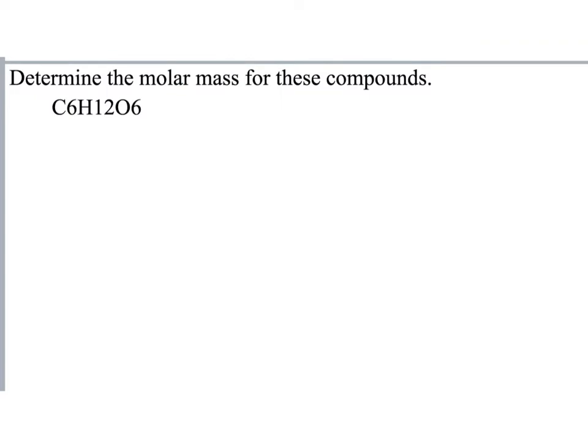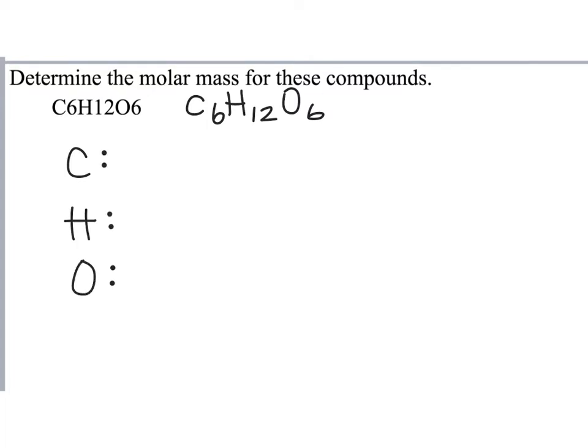Now this one is written in kind of a tricky way, mostly because the formatting on this PowerPoint sort of gets messed up. But what we're actually going to be looking at is our good old friend glucose, which is C6H12O6. And we only have one of these, so when we go to identify how many C's, H's, and O's I have, you can just very simply take the subscript of these guys.